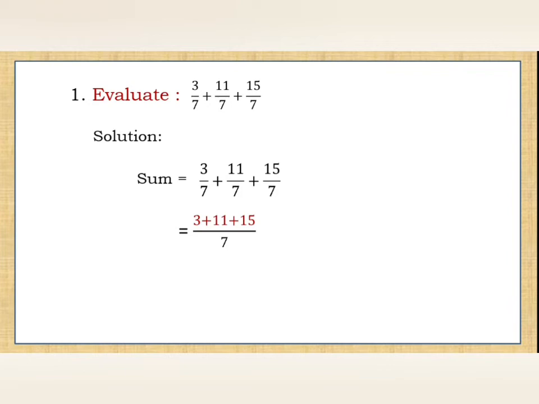Now 3 plus 11 plus 15 becomes 29. So this is equal to 29 divided by 7. It is an improper fraction, so it can be written as a mixed fraction. Therefore, 29 by 7 can be written as 4 1 by 7.